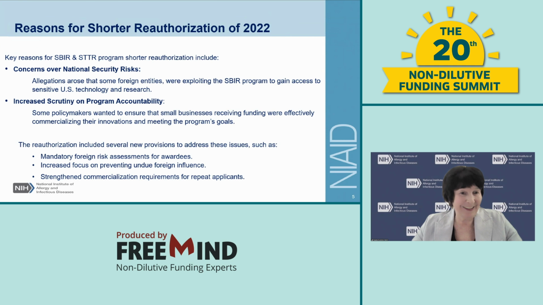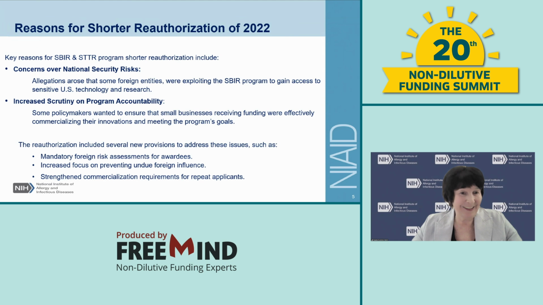And this is the reason why I'm giving you this speech. There were two key reasons for this shorter reauthorization. One was concern about Congress, as it took quite a bit of time before they signed the bill. The other was concern over national security risk. There were allegations that some foreign countries are exploiting the SBIR program and gaining access to U.S. sensitive technology and research.